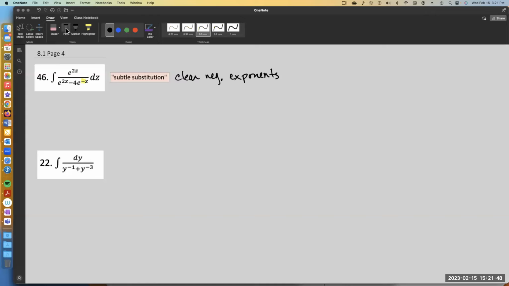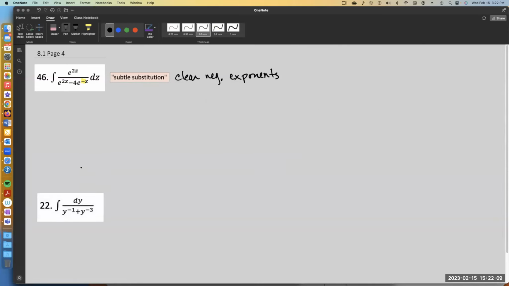In math, frequently we use this technique where we multiply by 1, and multiplying by 1 is the technique that's going to work here. What we want to do is multiply the numerator and the denominator by something that is going to clear out that negative exponent.